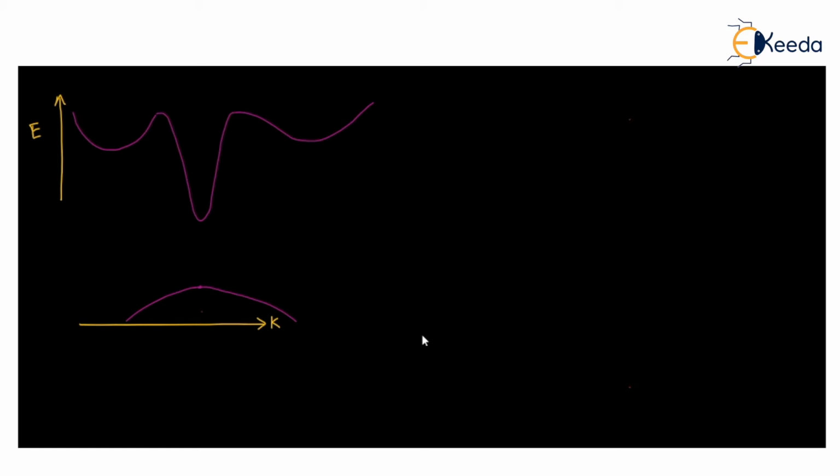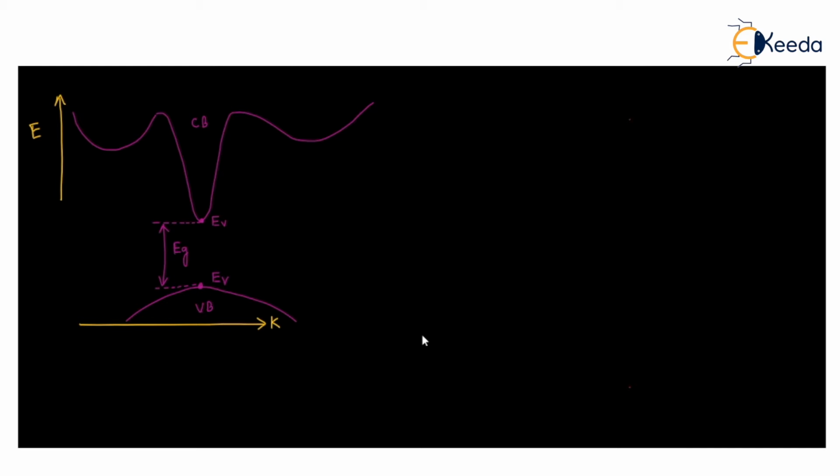So we can see this is a direct band gap semiconductor, and this is the conduction band, and this is the valence band, and this energy is the Ec energy, and this energy is the Ev energy, and the difference between these two energy levels is the forbidden energy gap Eg.